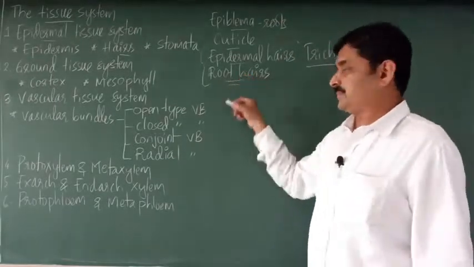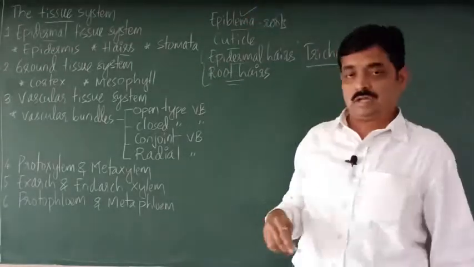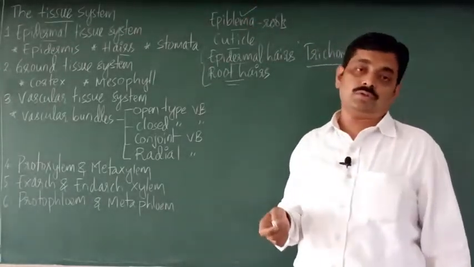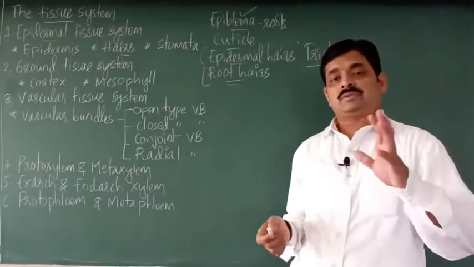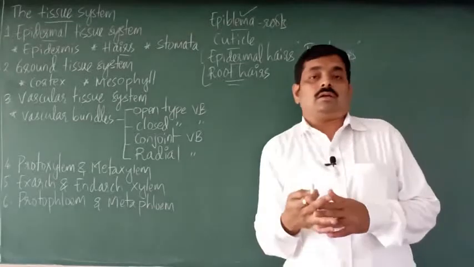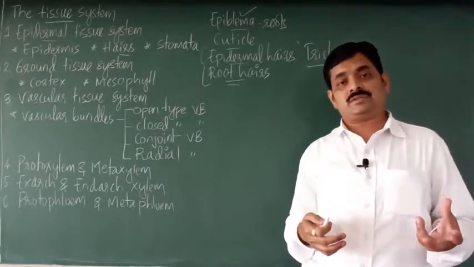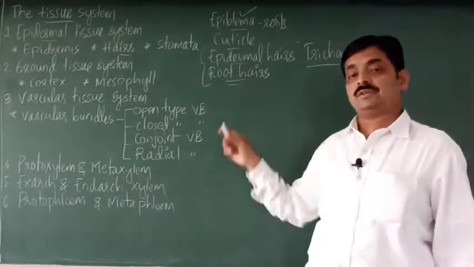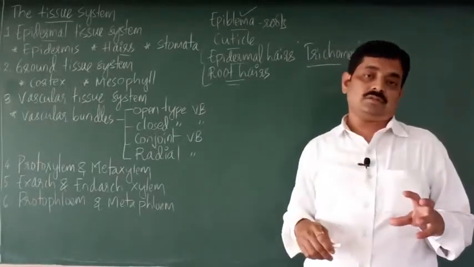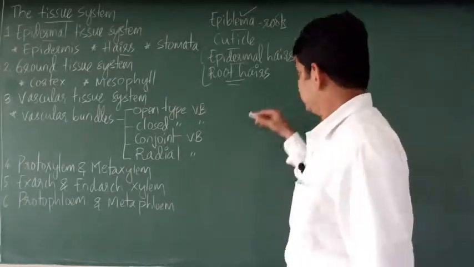Then root hairs. These are found on the epiblema of roots, right? The epidermis of roots is called epiblema. So on the epiblema of roots, you can observe hairs. They are called root hairs. Root hairs are involved in absorption of water.